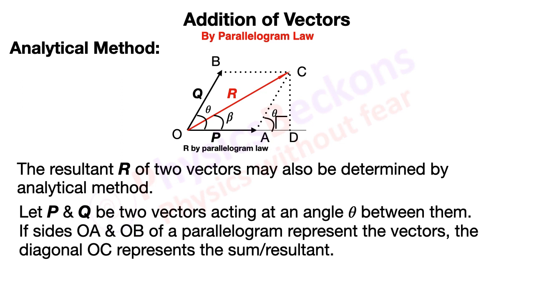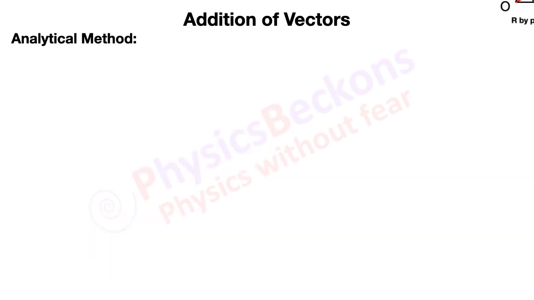The sides OA and OB are used to represent these vectors, and OC represents the resultant R. Let us draw CD perpendicular to OA produced. Produce OA, extend it further and draw CD perpendicular to it. So we have OCD, a right triangle.